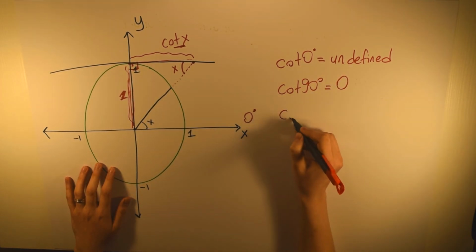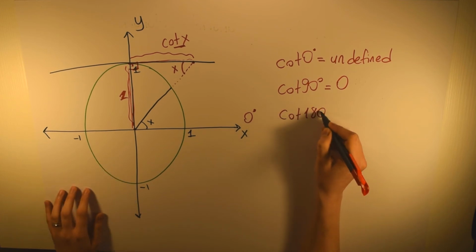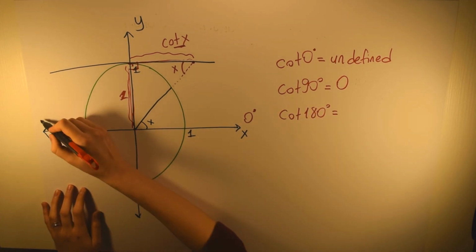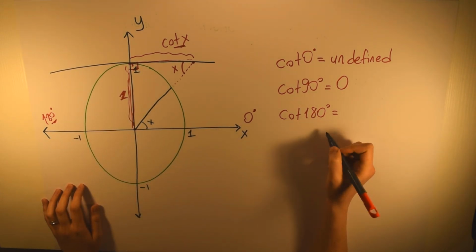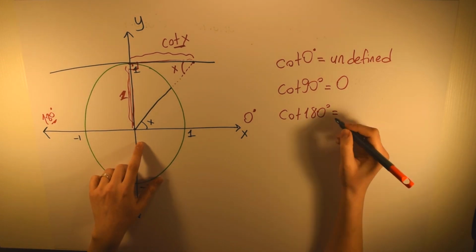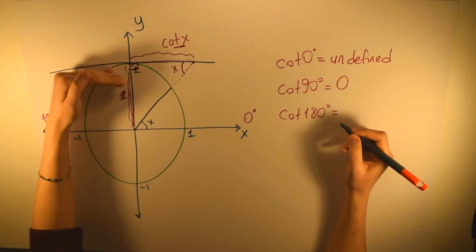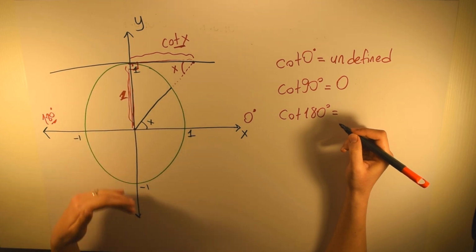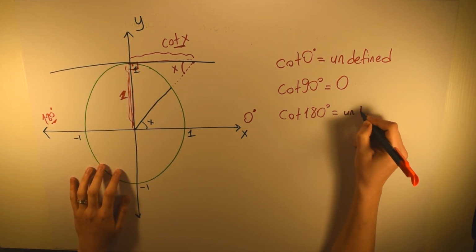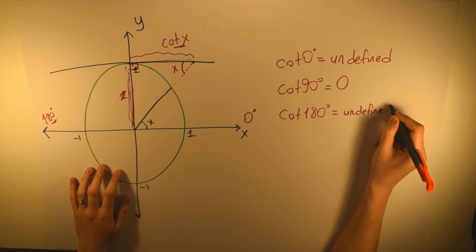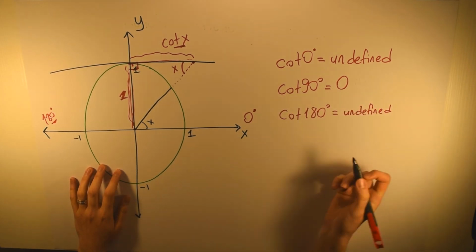Cotangent 180 degrees is like 0 degrees, because 180 degrees is here. It is also undefined, because these lines are parallel to each other and there is no value. They will never intersect. That's why this is undefined.